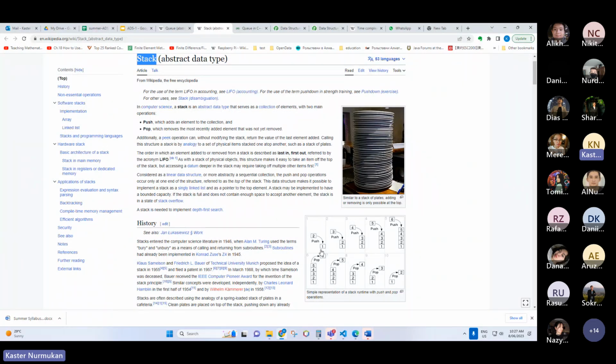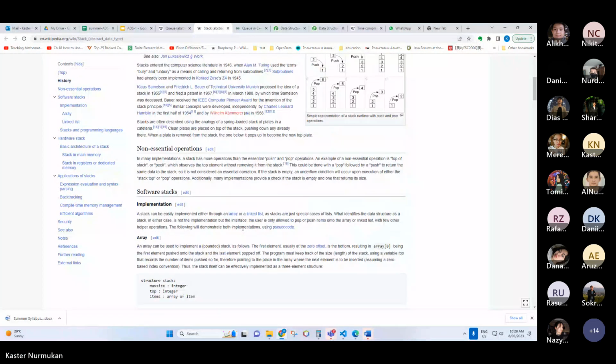For example, you push this one, push this two, push this three, push this four, push this five. But if you then pop, you will retrieve the last one. If you pop again, you retrieve 5, pop again, you retrieve 4, pop again, you retrieve 3, pop again, you retrieve 2. So there are only limited operations. That's called a stack.